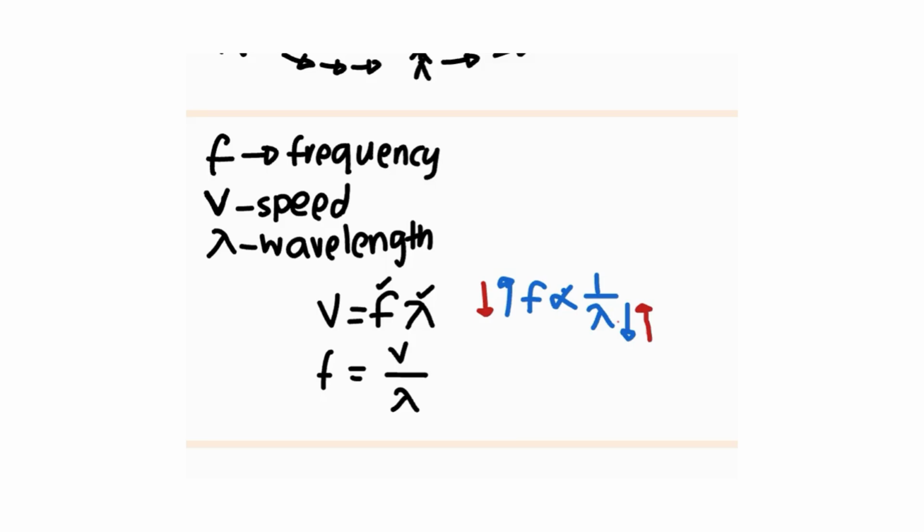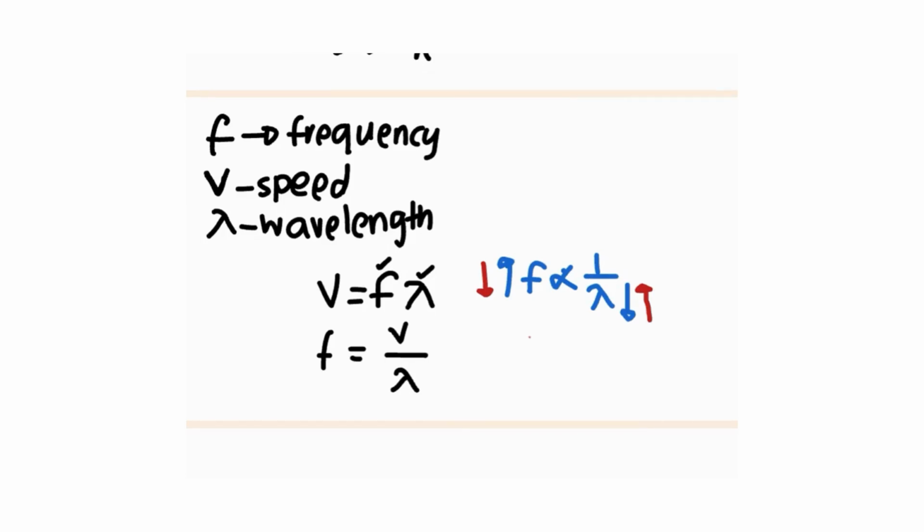Or we can explain it in terms of wavelength. If we now put the formula as wavelength equals velocity over frequency, we are making wavelength the subject of the formula.